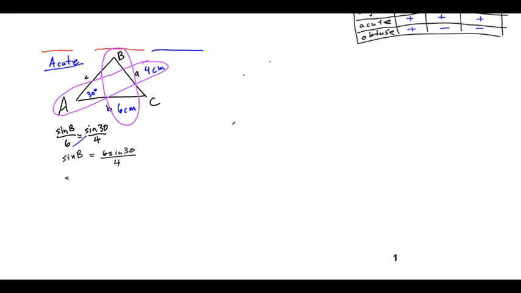So when you do your simplification, you get sine B is equal to 0.75. So B is equal to sine inverse of 0.75, and you get B is equal to 49 degrees.